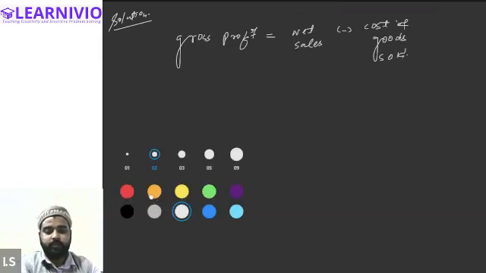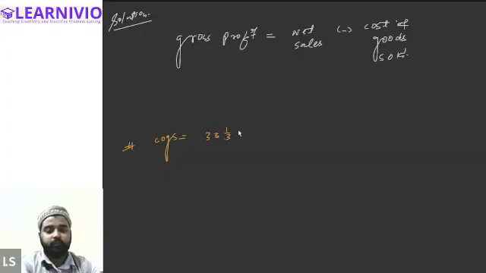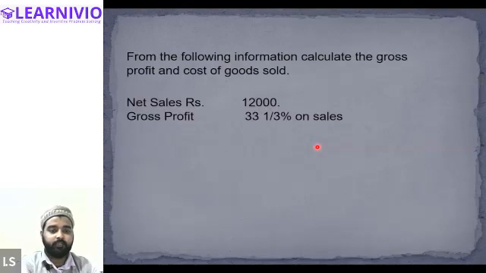Now, in this question, gross profit is already given. Gross profit is given as 33 1/3 percent of the value of the net sales, right? This is given in the question. That means gross profit is 33.33% on sales.